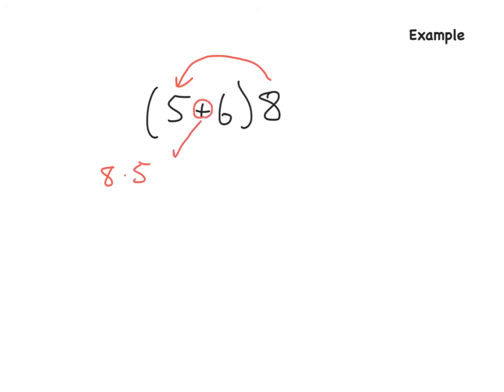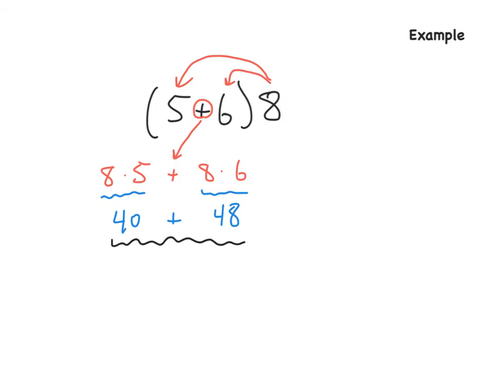Bring down the sign, plus, what is 8 times 6? So 8 times 5 is equal to 40. 8 times 6 is equal to 48. And then 40 plus 48 is equal to 88. So 88 is our final answer.